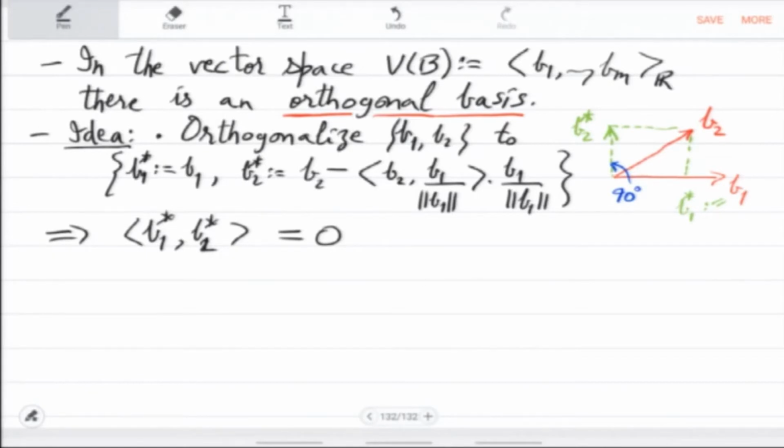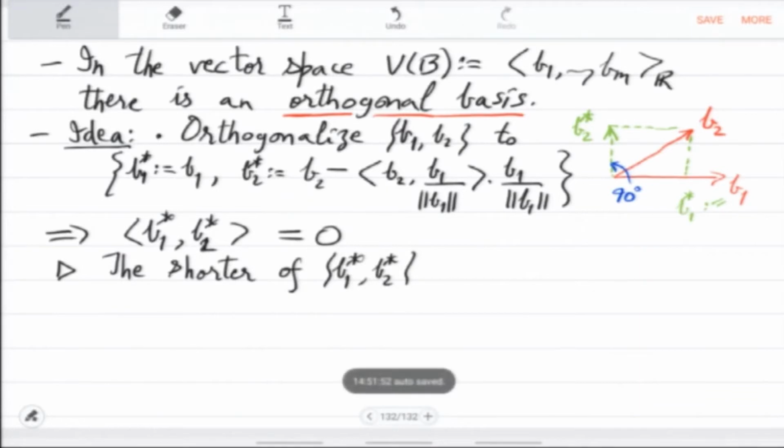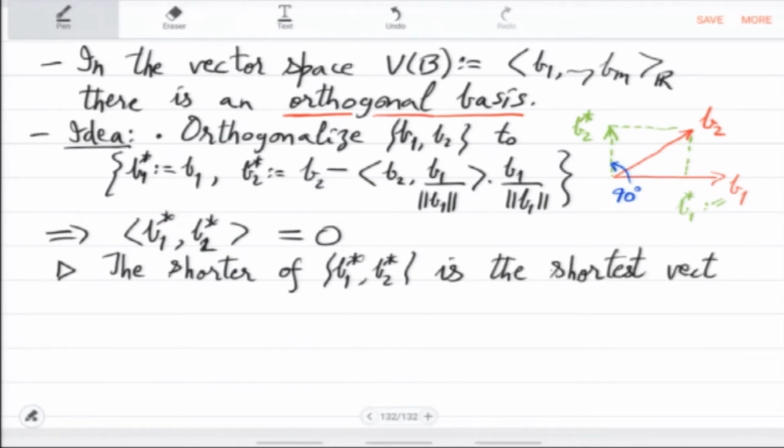And the second thing is that the shorter of B1 star and B2 star is the shortest vector in the lattice generated by the two.